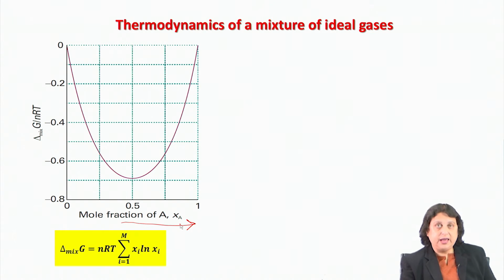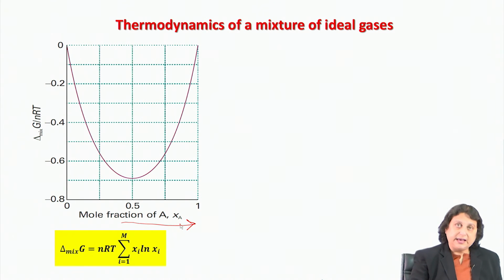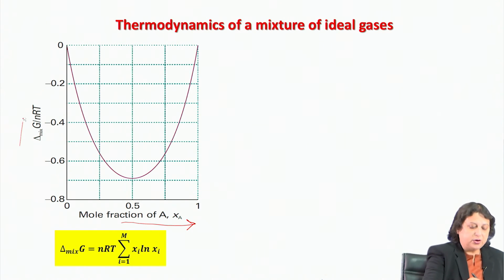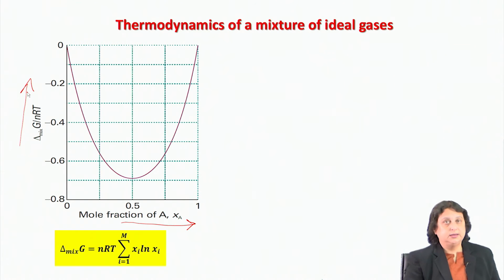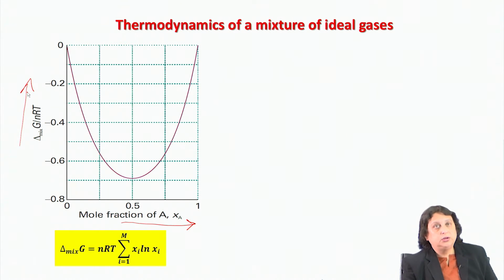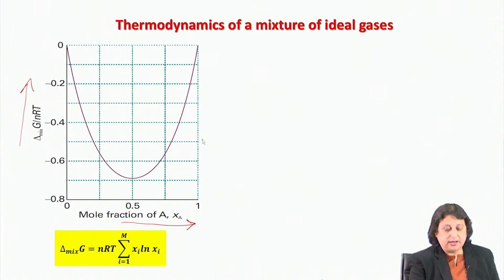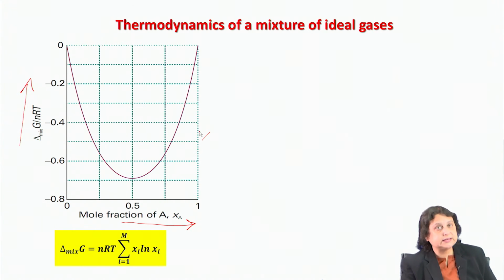Now, moving ahead, what happens if I plot the mole fraction of the component A in the binary mixture of A and B along the x-axis, and I plot delta G mixing along the y-axis? I will get a plot like this. Now, what is happening here?